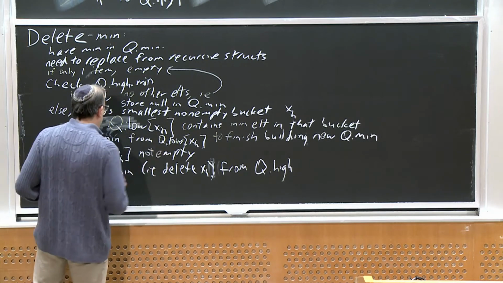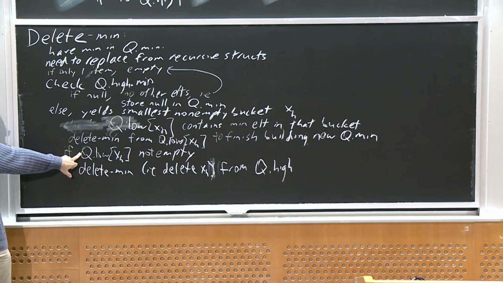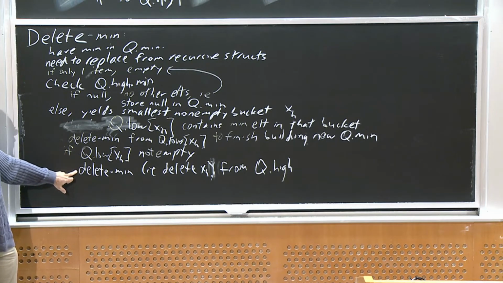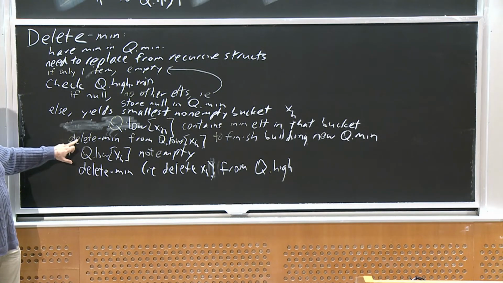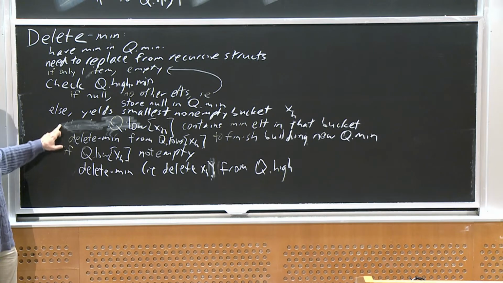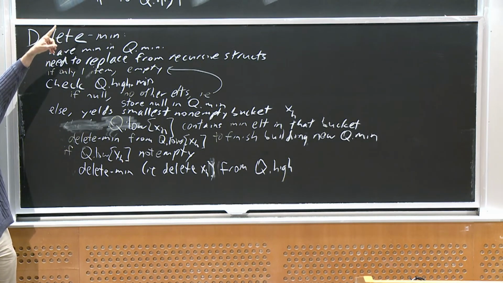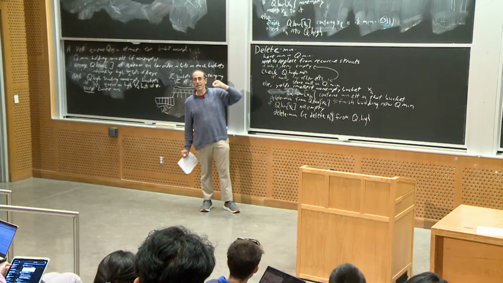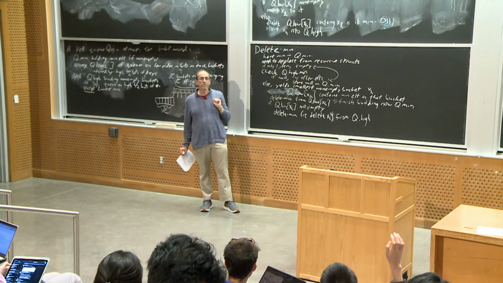If there's still things in the recursive data structure, we don't have to do anything else. But it's possible that when we did this deletion, we emptied a bucket. So it looks like, again, we're doing 2 recursive calls, right? And so we're back into that 2T of b over 2 problem. So how do we argue that that's not a problem for delete min?